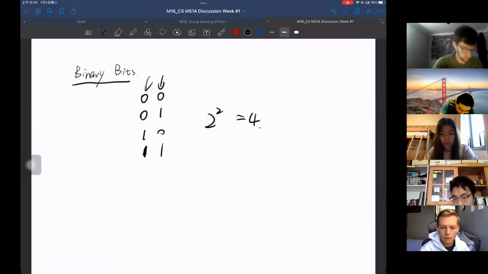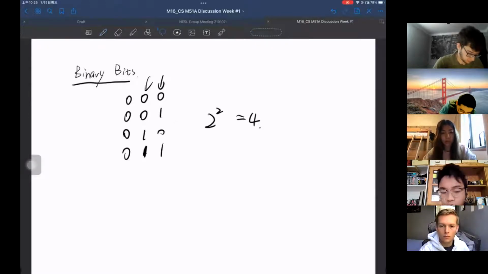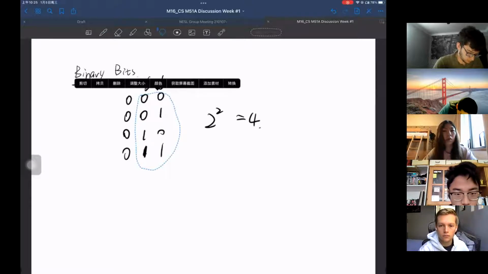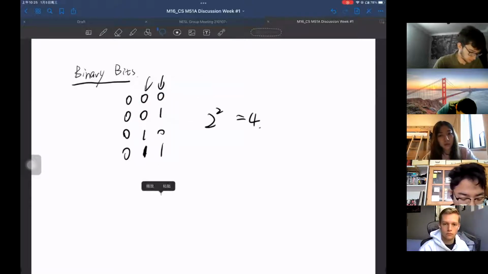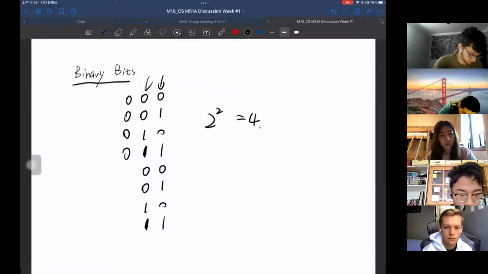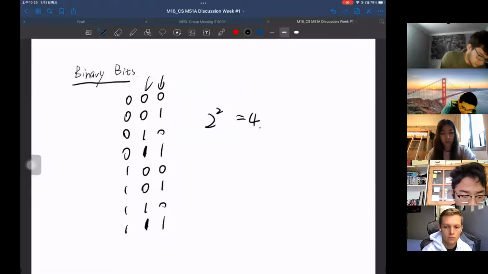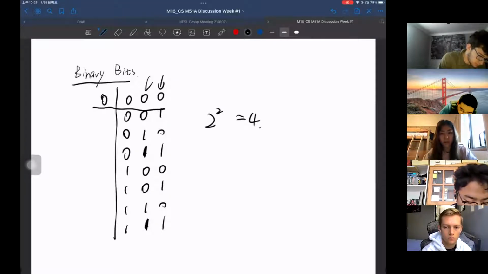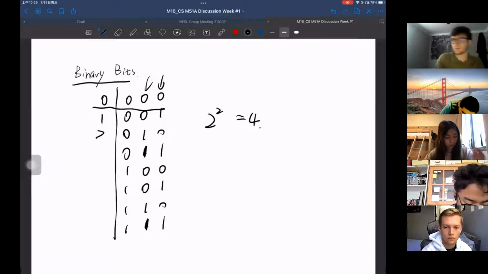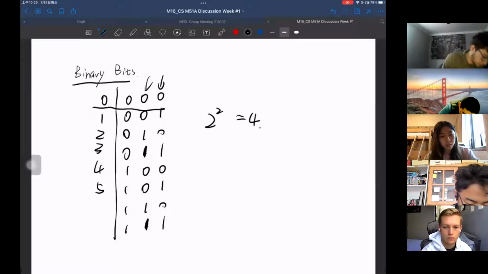And what about 3 bits? We can add a 0 here. What I can do is just copy the lower 2 bits, right? Let's paste it here, and add a 1 in front as well. In decimal, that's 0, 1, 2, 3, 4, 5, 6, 7.